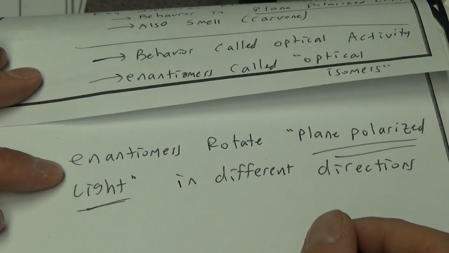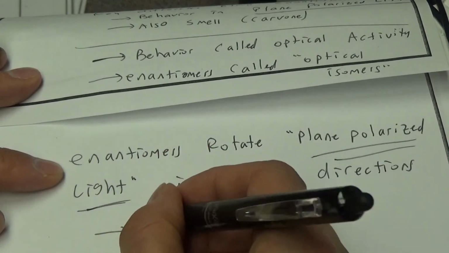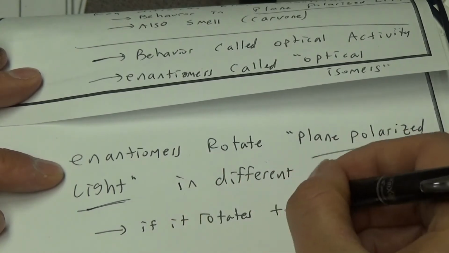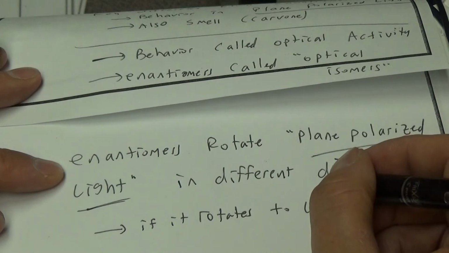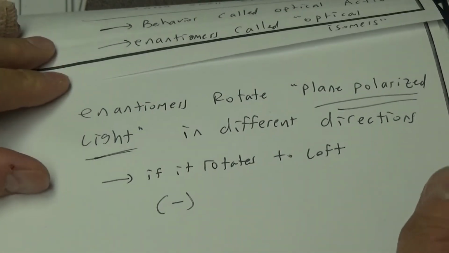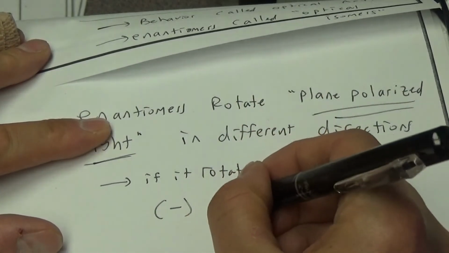Okay, and if it rotates to the left, then we're going to call it minus. If it rotates the light to the left, it's going to be called minus or levorotatory.